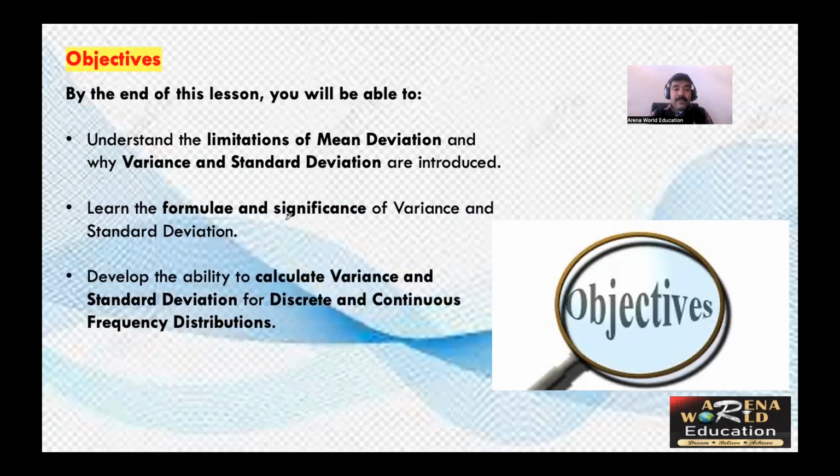And you will be able to develop the ability to calculate variance and standard deviation for discrete and continuous frequency distribution. And finally, you will be able to solve tricky questions step by step, right?